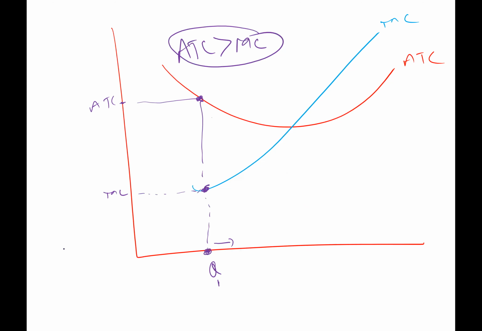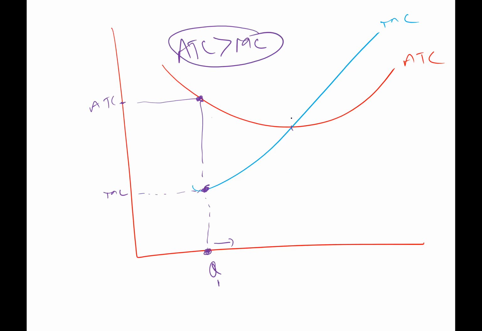And so it's about the curve, right? Because MC crosses ATC, as long as MC is beneath ATC, it means that ATC is still dropping. Yes, you can also think like that. Very nice. Okay, now the right side of this curve.